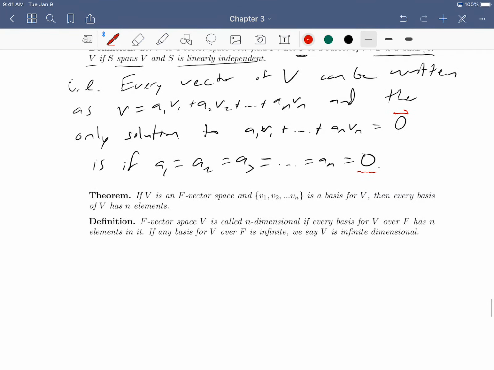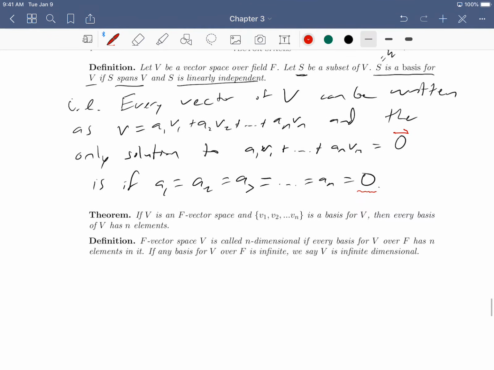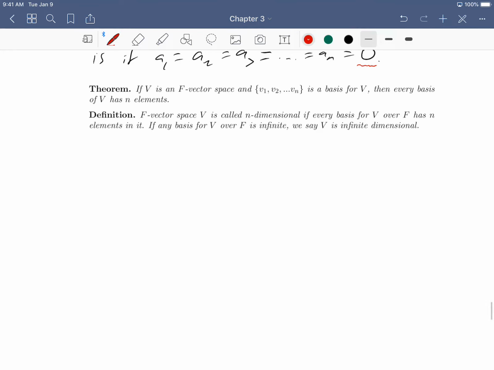All right, so a basis is a spanning set and linearly independent. So now we have a couple results that tell us how important a basis is. So if V is an F vector space and we have v1 up to vn, that's a basis for V, then every basis of V has exactly that same number of elements in it.